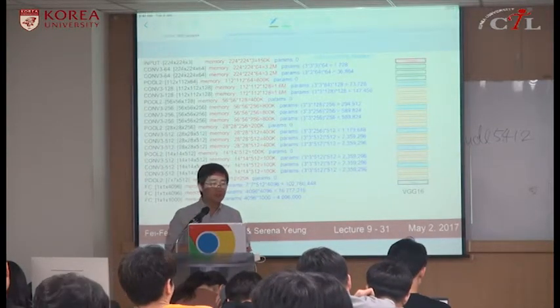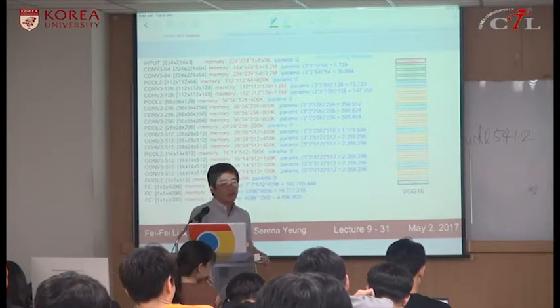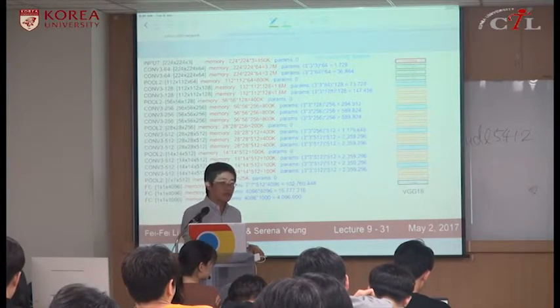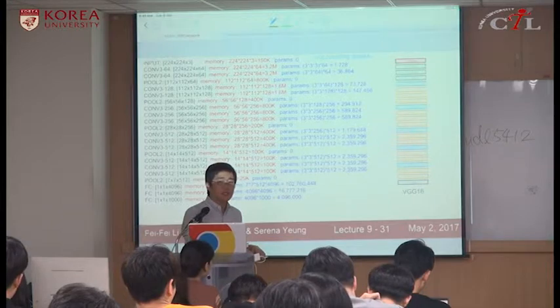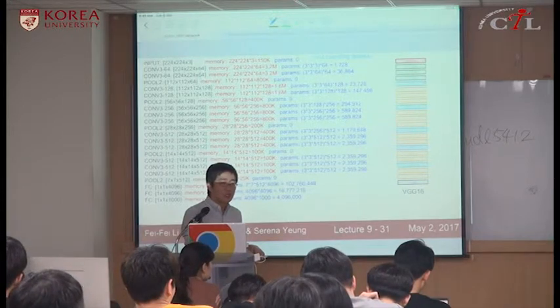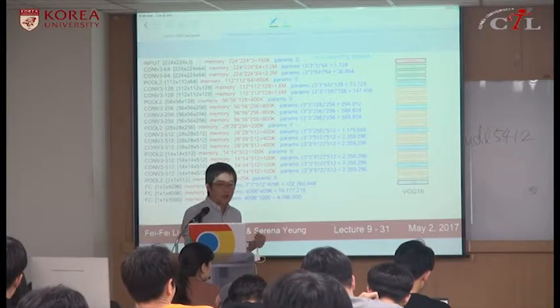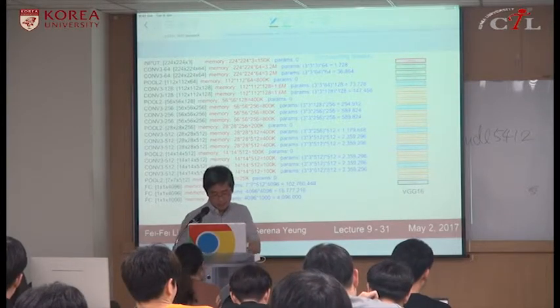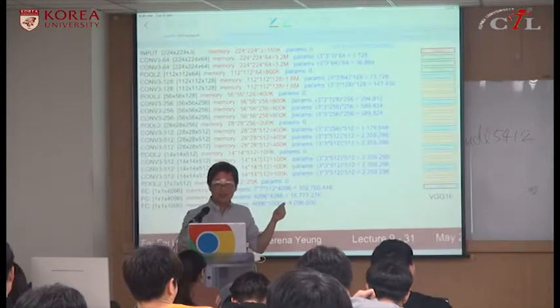Okay, and also this VGGNet, although there are better alternatives such as GoogleNet and ResNet, due to its simplicity, VGGNet is still quite widely used these days. And you guys understand this, right?